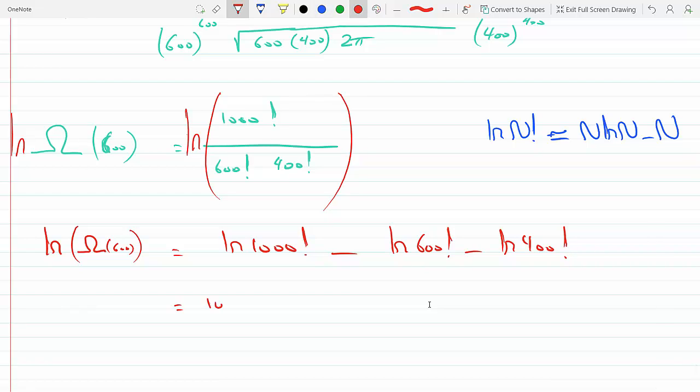So this is going to become 1000 ln 1000. 1000 factorial is definitely a very large number, and it qualifies for that approximation. Minus 1000. I might want to start here at the beginning. So this is 1000 ln 1000 minus 1000.